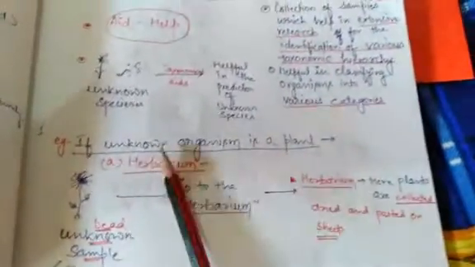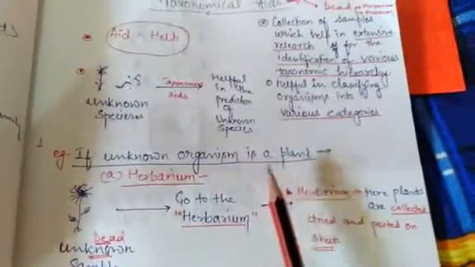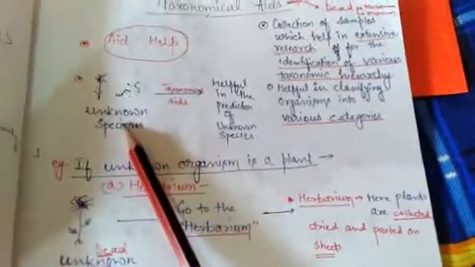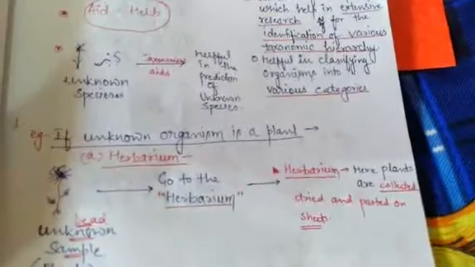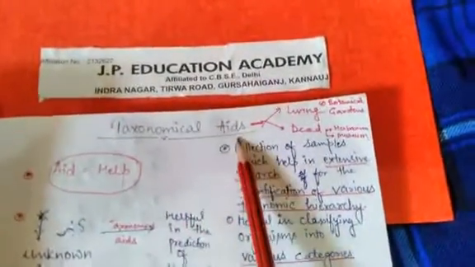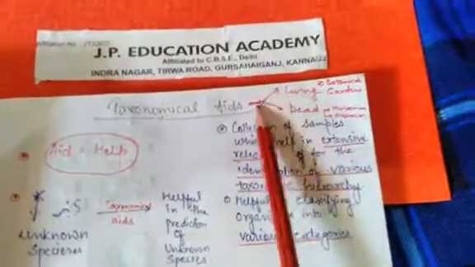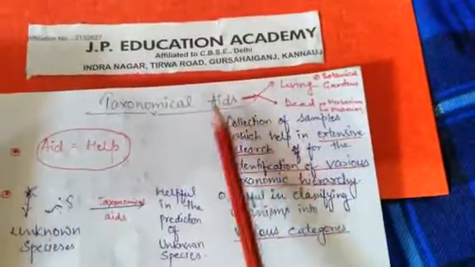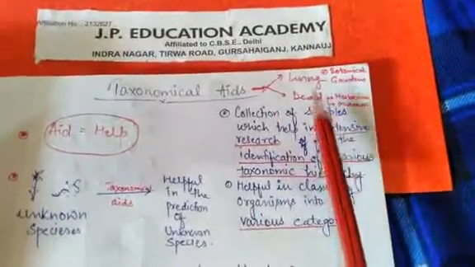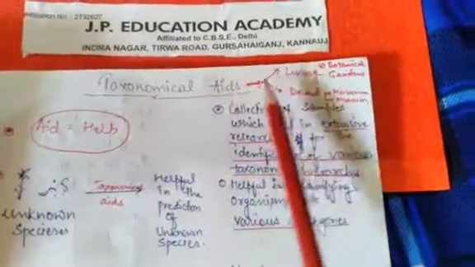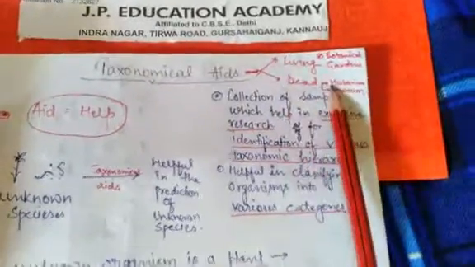Okay, so first, if the unknown organism is a plant and we predict about it on the basis of dead organisms, this taxonomical aid divides here on the basis of living and dead organisms. So now the aid which focuses on the dead organism is what we are focusing on here.